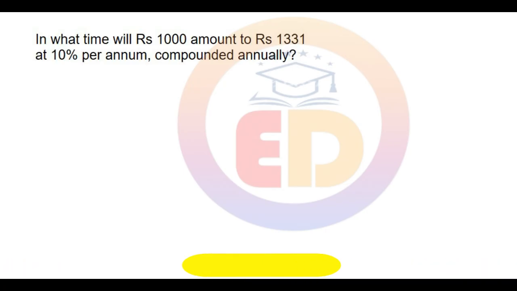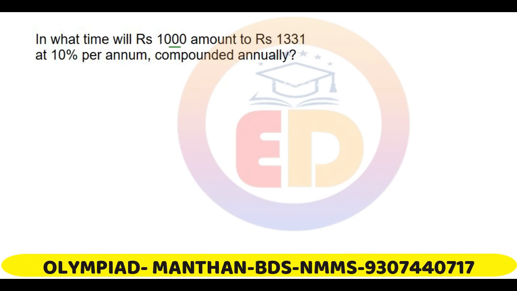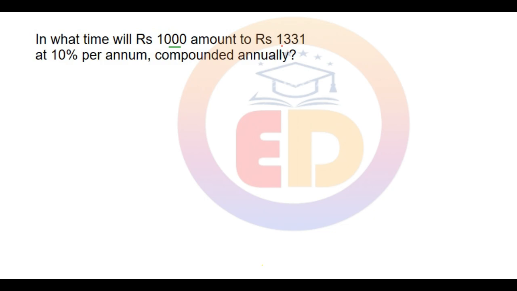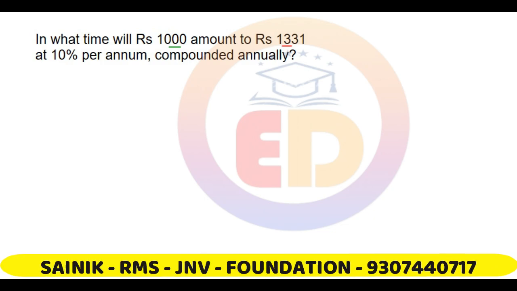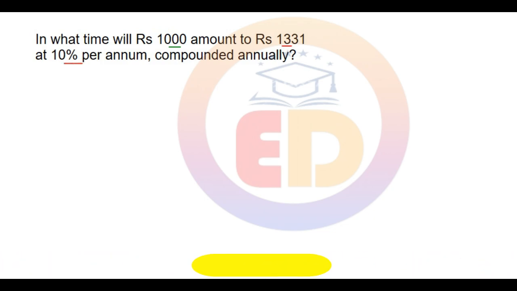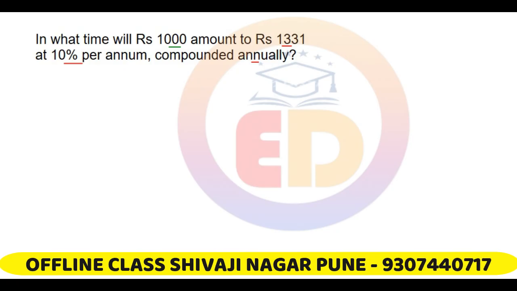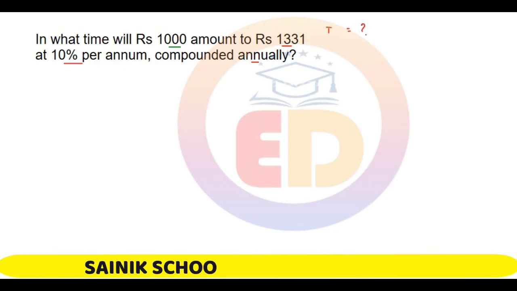Question says, in what time will rupees 1000 amount to rupees 1331 at 10% per annum, compounded annually? Question is asking to find out the time period in years. Rate of interest is 10%.